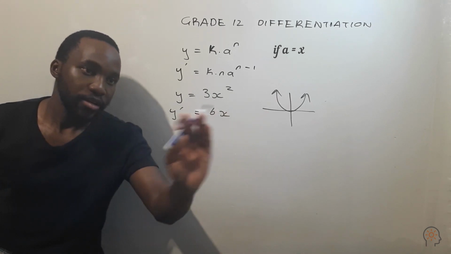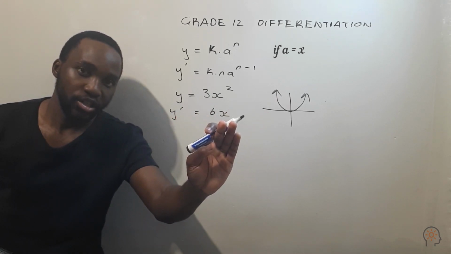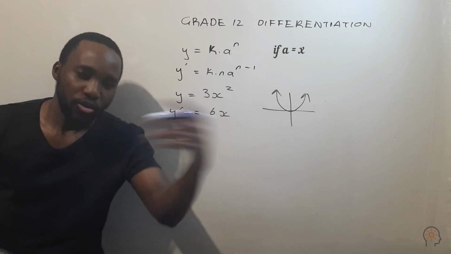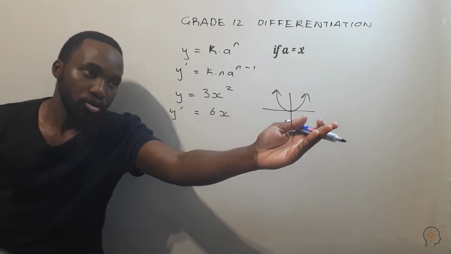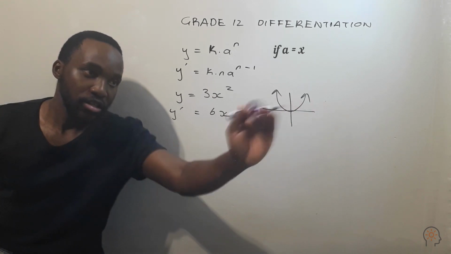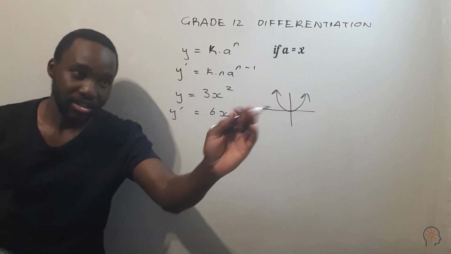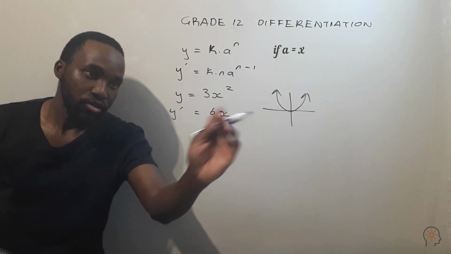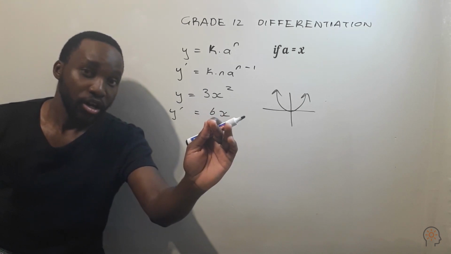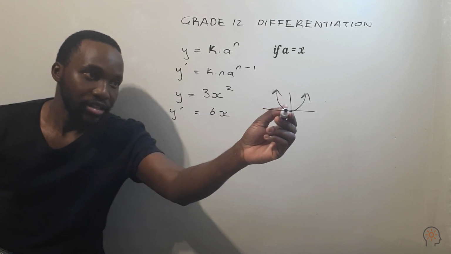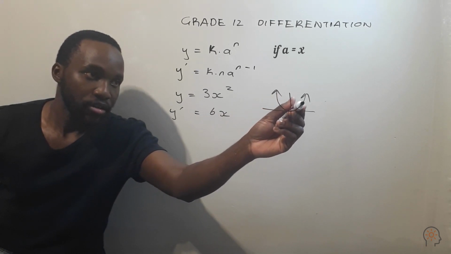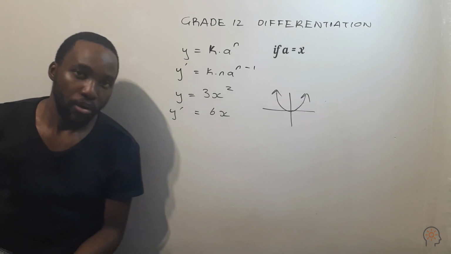Now, if we take the differentiated equation of y and we do the same process, if we sub in negative x values all the way to positive infinity, in terms of all the x values that exist, if we sub in all x values into this equation, what we are going to be getting is the different gradients at the different points on our parabola.